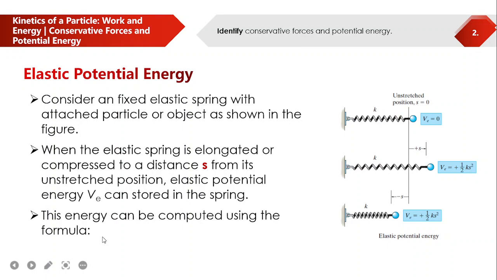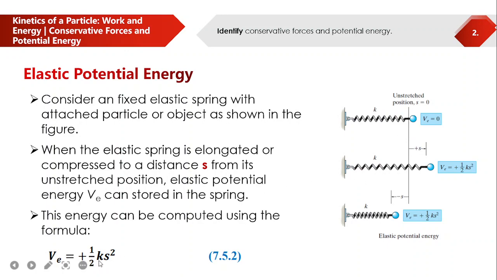Okay? So, this energy can be computed using the formula. Ayun. So, V sub e is equal to a half of k times s squared. Okay? So, this is how you compute, o kung tatanungin mo yung sarili mo, ano kayang elastic potential energy ng spring na yan. So, you need to stretch that out or compress that out para malaman mo.